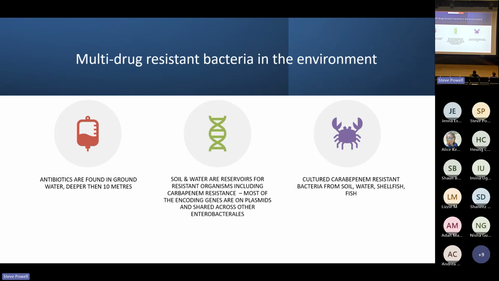Then in the middle, a reminder, stating the obvious, that soil and water are great reservoirs for organisms to enjoy. And if they're resistant, then they'll enjoy it even more. And under the pressure of the antibiotics there, the carbapenems being the key example, those resistant organisms will thrive, and they'll be busy sharing their plasmids between them. And we've demonstrated a lot of this resistance, not only in these environments, but also in our fish. I don't know why the crab came up on the slide designer, but fish and plenty of organisms in these environments.